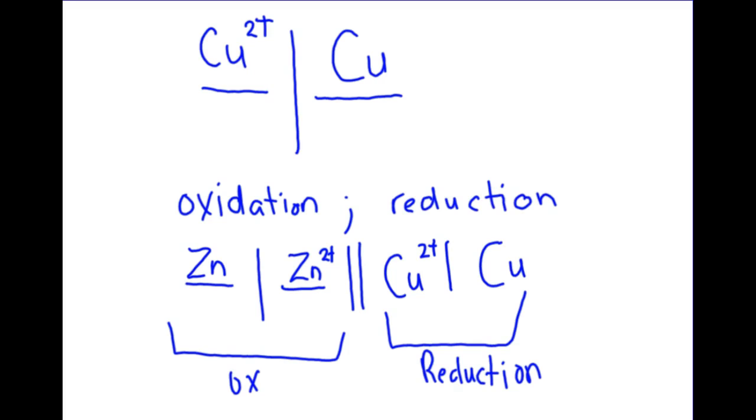We're going to now summarize electrochemical cells in the table below. We have the anode, cathode, electron flow, ion flow, and spontaneity. The anode is the site of what?